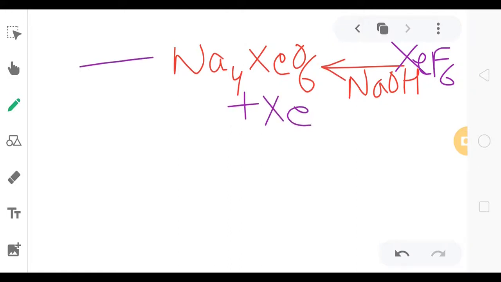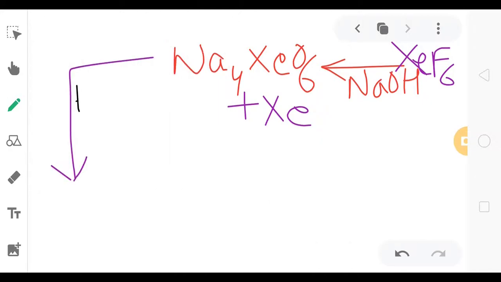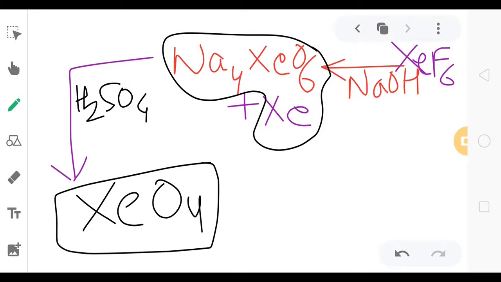And at the same time, if you are adding H2SO4, that means sulfuric acid, to this mixture, then you will get a very new compound, that is xenon tetraoxide.